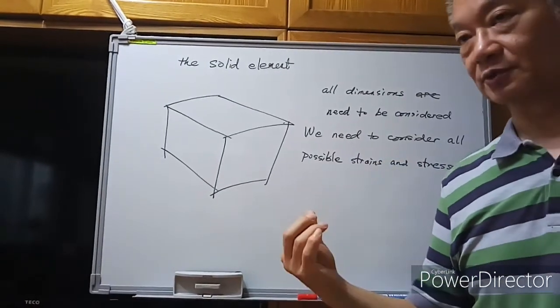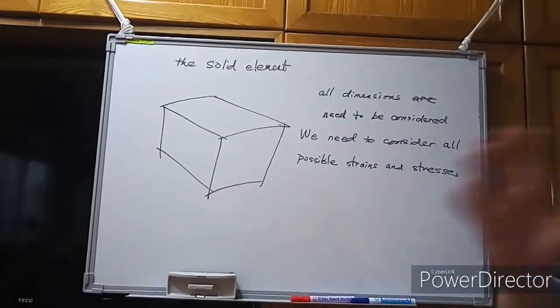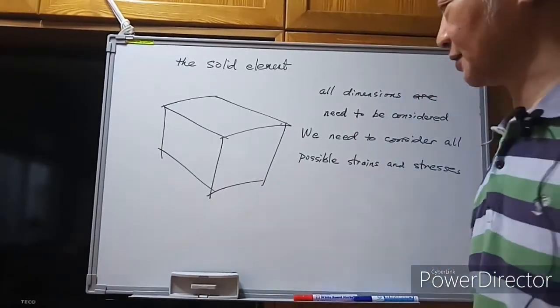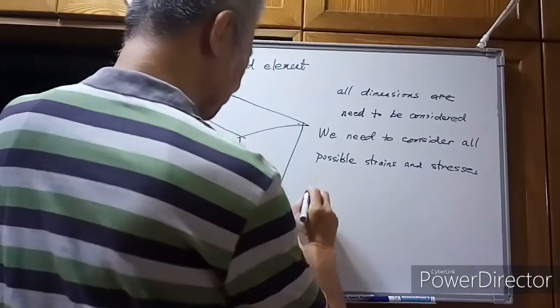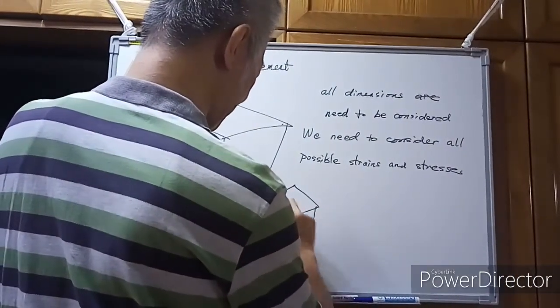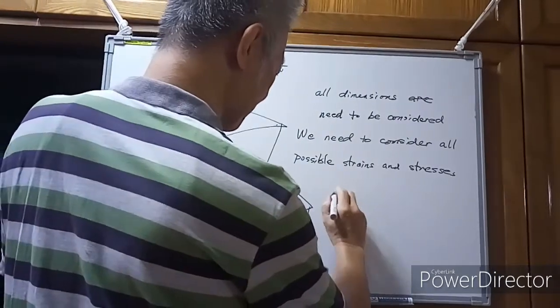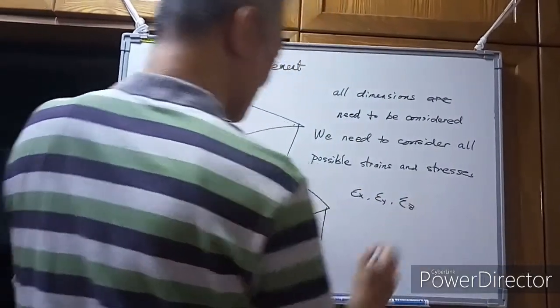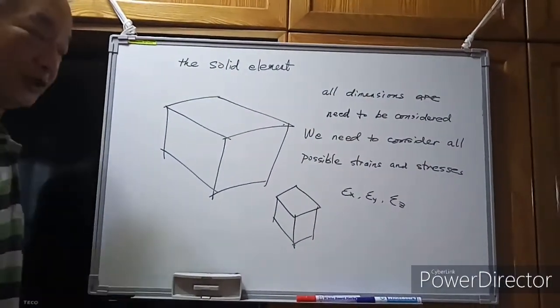There is nothing we can neglect. So for solid structures, there are three normal strains.